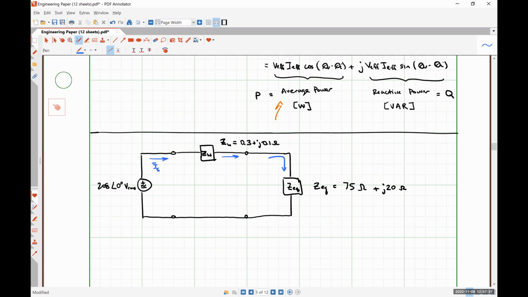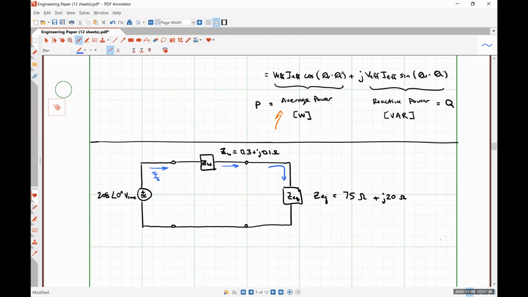So if we could solve for the current IS, then we would know this I effective right here, right? We would know the I effective and we would know theta I. How could we get the other quantities? Or is that enough information?